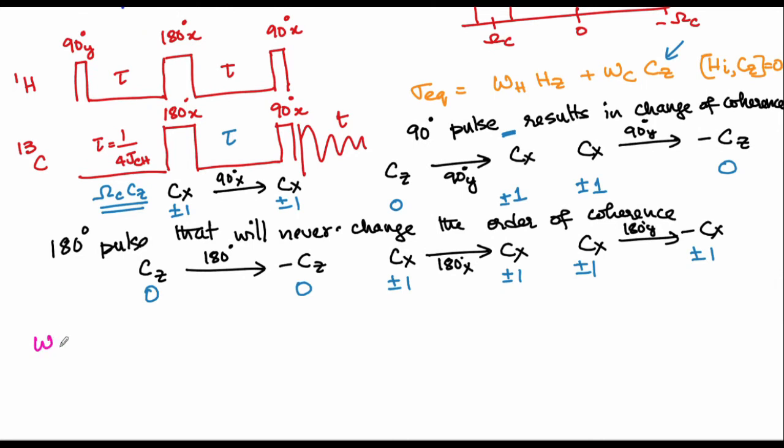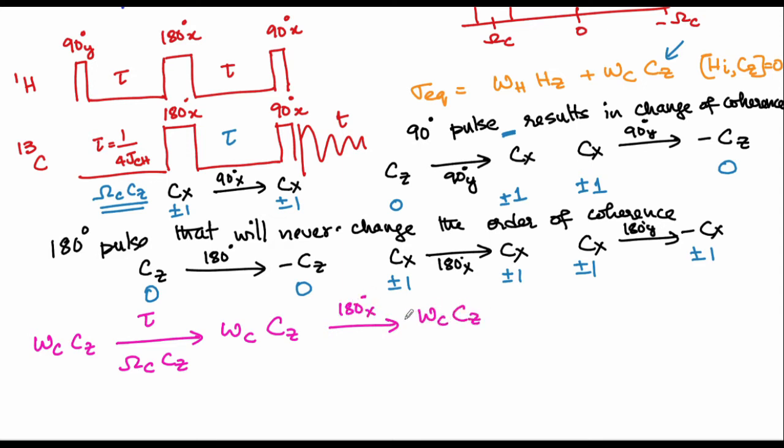You started with omega c Cz. In the tau duration omega c Cz is going to remain omega c times Cz, followed by a 180-degree pulse along the x-axis, which is going to make it omega c Cz with a negative sign, followed by the tau duration. Once again, you have omega c Cz as the operator, so no change will happen.